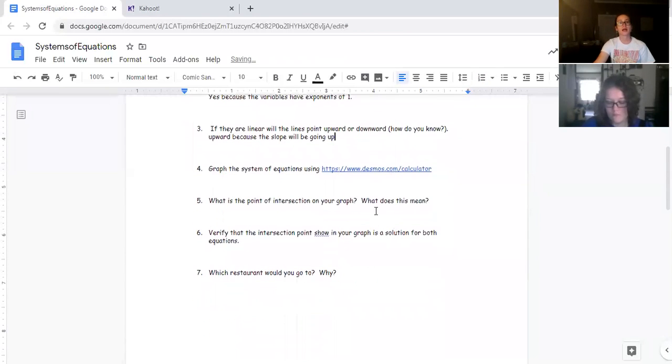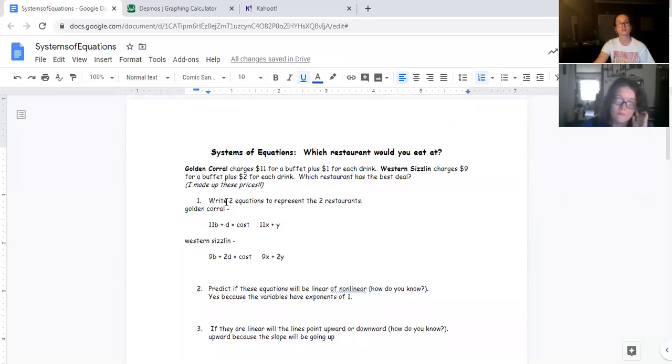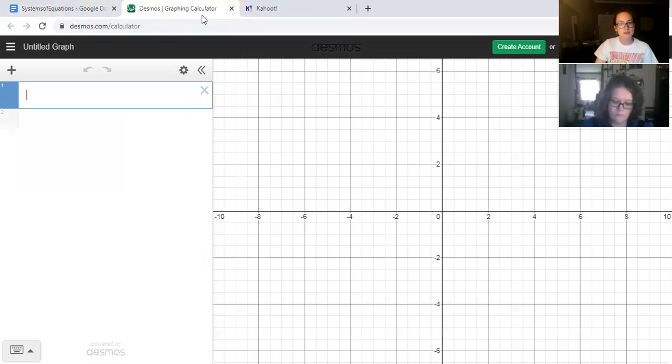And then it says to graph the system of equations. So I'm going to go to Desmos and we're going to graph this. We're going to use the X and Y version just because Desmos likes X's and Y's better. But you can use whatever letters you want to when you're building a system of equations. All right, so we've got 11x plus y.